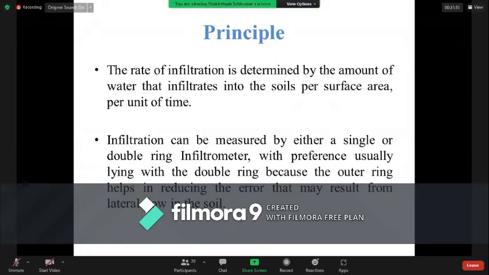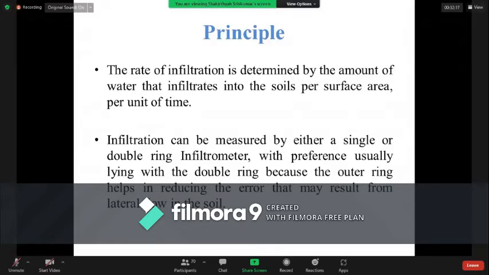The infiltration can be measured by either a single or double ring infiltrometer, with preference usually lying with the double ring because the outer ring helps in reducing the error that may result from lateral flow in the soil. So we already discussed this part.